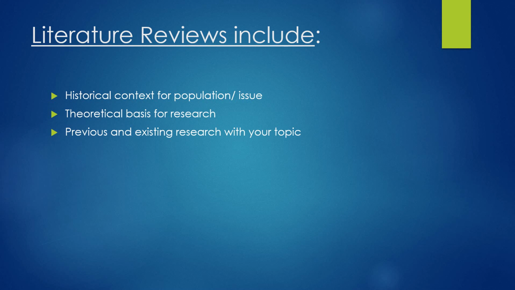Previous and existing research for your topic. It's going to be rare that you're going to find a topic that doesn't have something that's been researched about it, and that's helpful because you can lean on that to get information for even the historical context. Previous and existing research with respect to your topic is something that's included in the literature review.